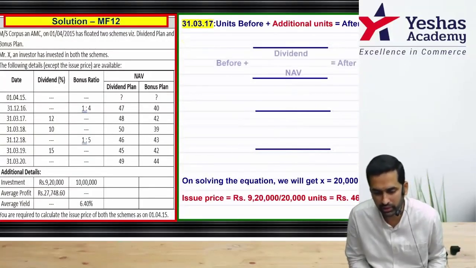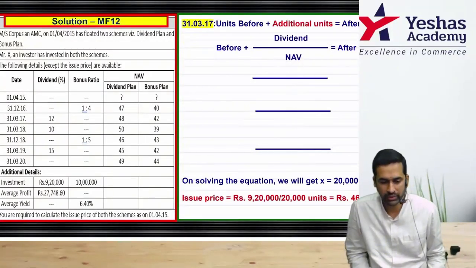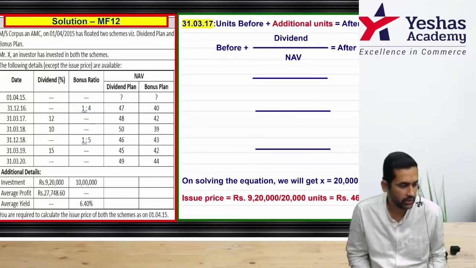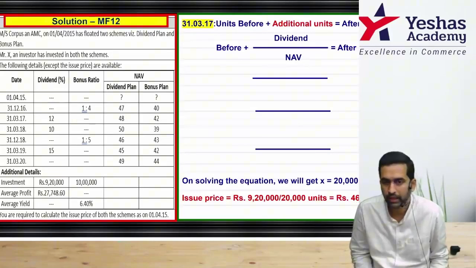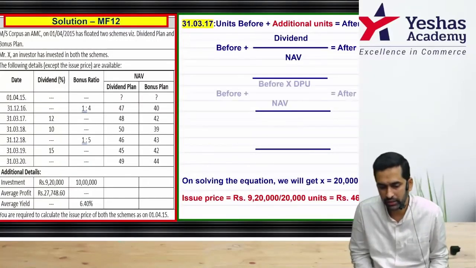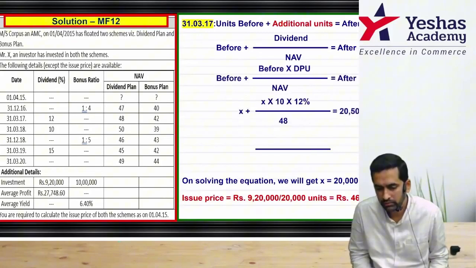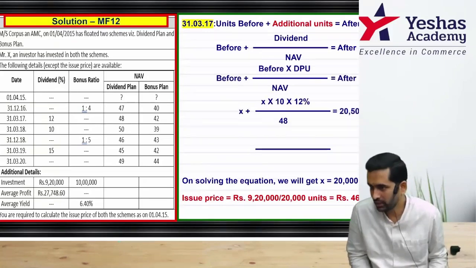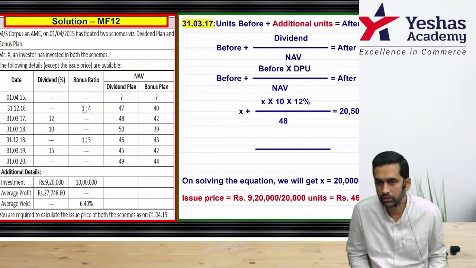Last equation, one more date, 31/3/2017. Same way, units held before plus additional units is equal to units after. Now it is 12%.